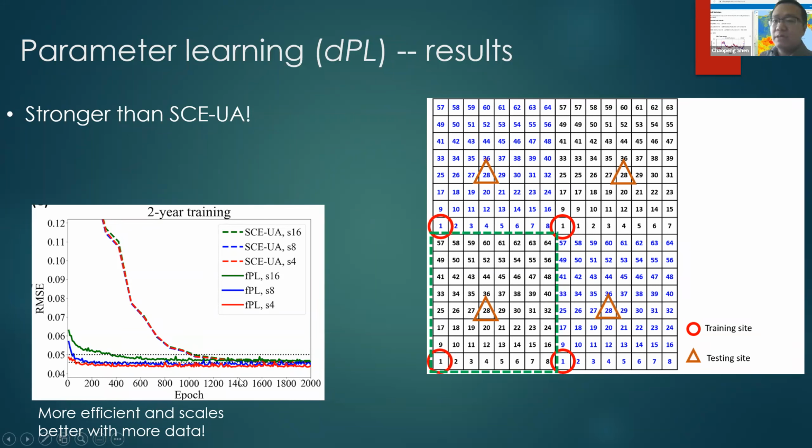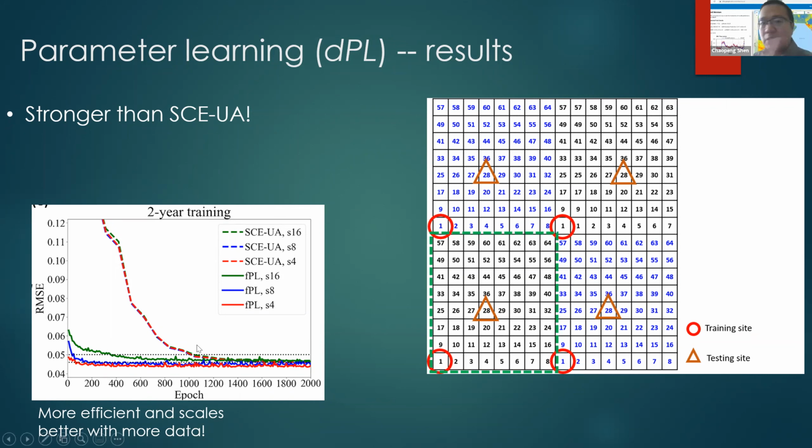Here, one epoch means the model on average has been run once, one forward run for each grid cell. For SCE-UA, it goes down to a performance threshold of 0.05 in around 1,000 epochs. That's what you expect when we have 7 parameters here.